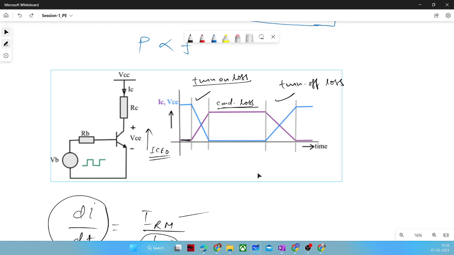Okay, and the other things are transition periods, turn on and turn off. So when we calculate this conduction loss, we take VCE sat into ID into D. Whether D has considered turn on and turn off time or not, let me see the problem.